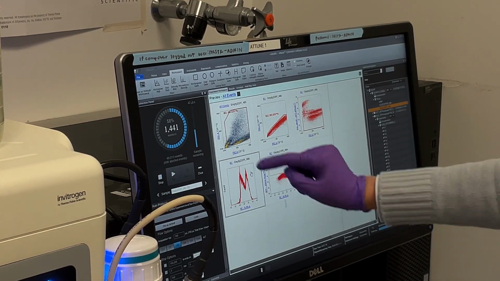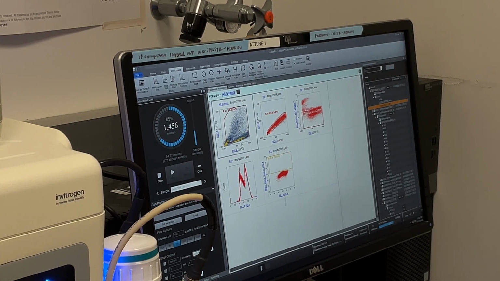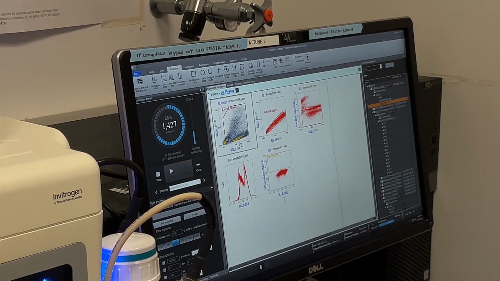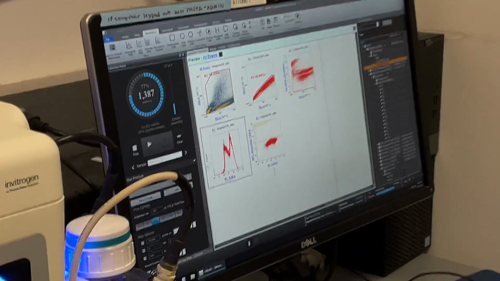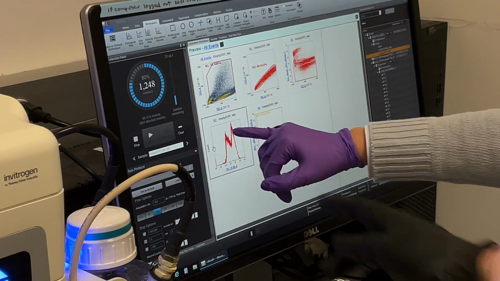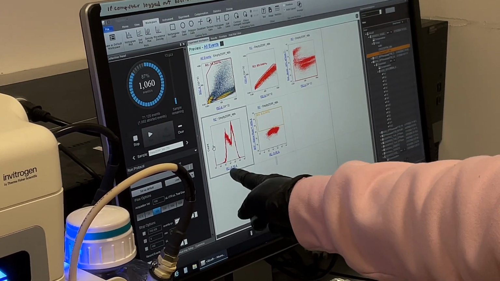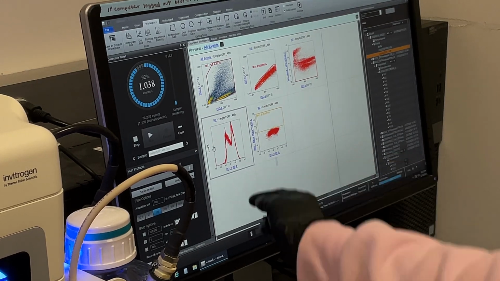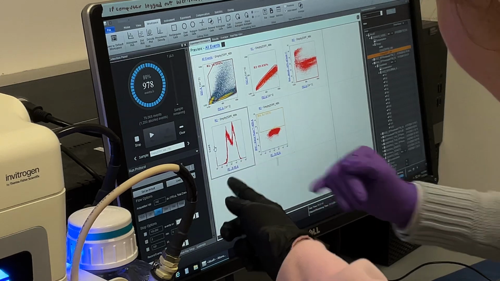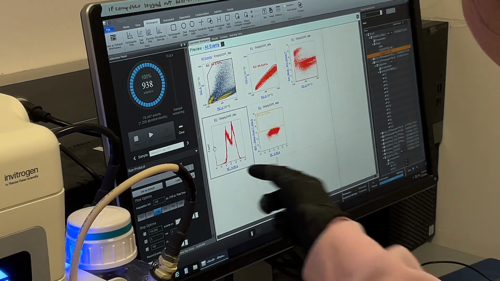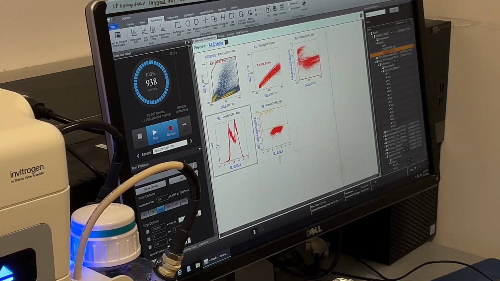The number count is how many cells, and this is the distribution of fluorescence, right? This was around 0. So why was it high over there? It was just low fluorescence. It could be that there's not enough fluorescence.